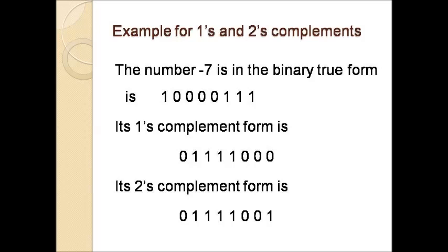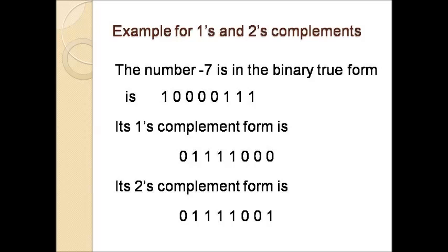Here we have to find the 1's complement and 2's complement of two numbers. First we are given the number -7.